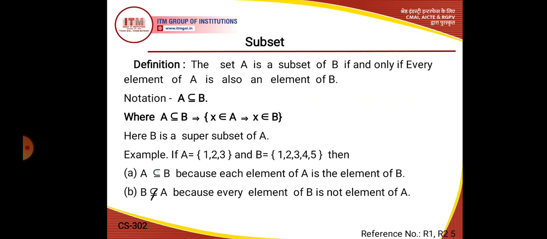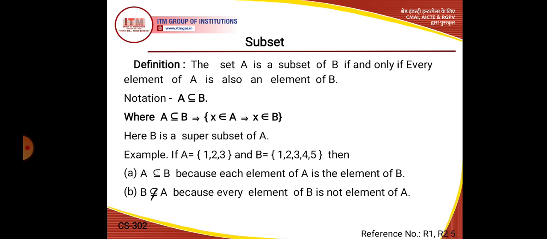Now come to subset. Now definition. The set A is a subset of B if and only if every element of A is also an element of B. In other words, we can say every element which are present in set A is also a member of set B. Then we can say A is a subset of B. The notation is like that.